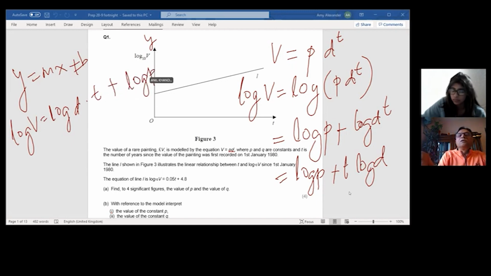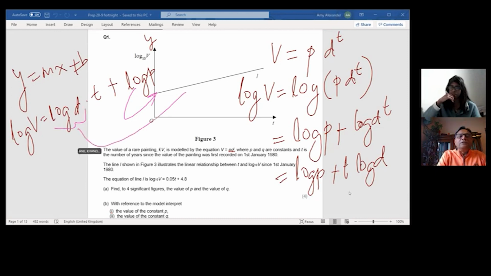You get the idea. So this is the log of p value, initial value. And this is the rate, rise over run. You understand? Where time is the variable t. Do you understand this whole concept?